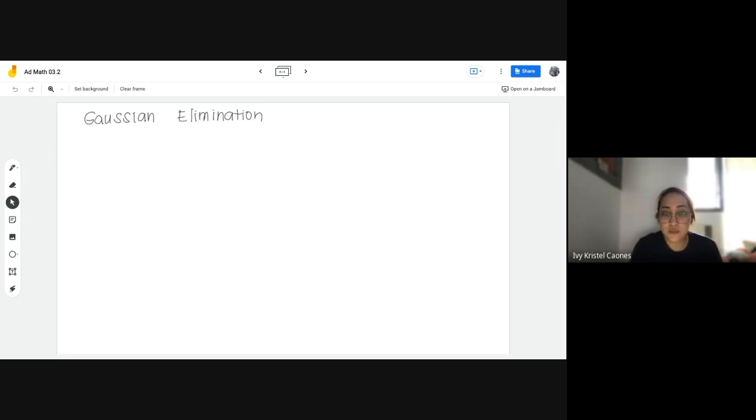So in Gaussian elimination, our target is for you to have this form where you're going to use an augmented matrix. That means, just like earlier, you have 3 equations, 3 unknowns. Then, it's no longer like Cramer's rule where we have a main matrix and a column matrix. It will be an augmented matrix.